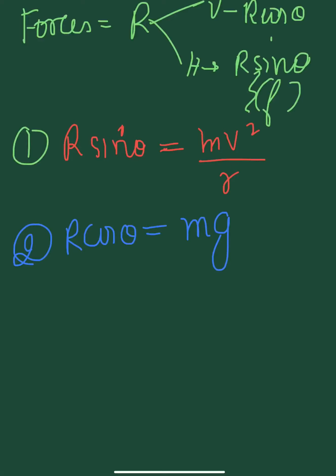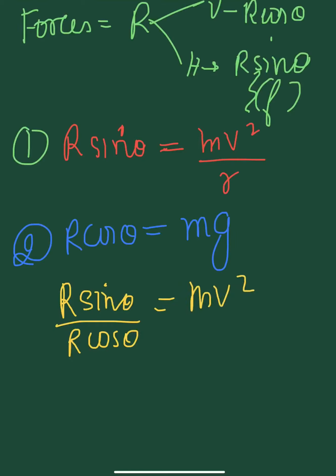Now what I do is I divide the first equation by the second. Let's do that. It's an interesting thing. This will become R sin theta by R cos theta is equal to mv square by r divided by mg.